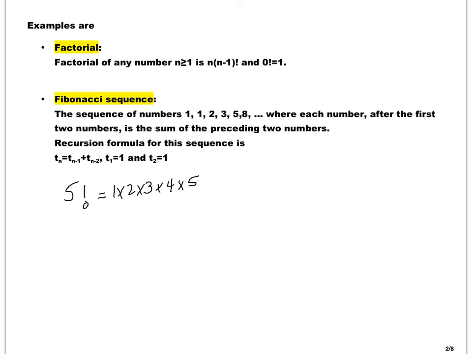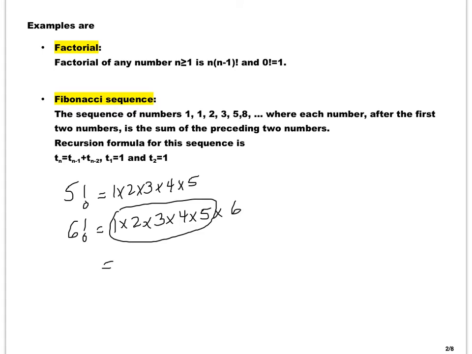Or I can say that 6 factorial by the same definition is 1 times 2 times 3 times 4 times 5 times 6. But I've already defined 1 times 2 times 3 times 4 times 5 as 5 factorial. So I can write this one as 6 times 5 factorial.